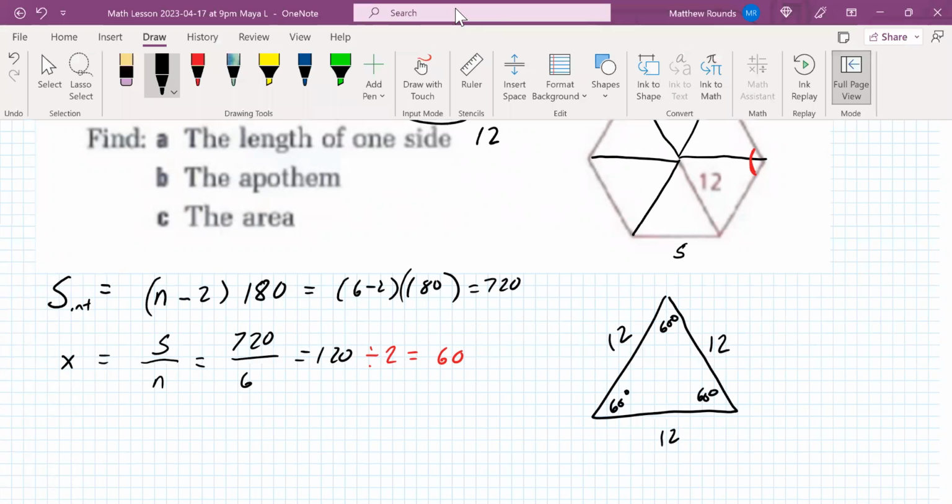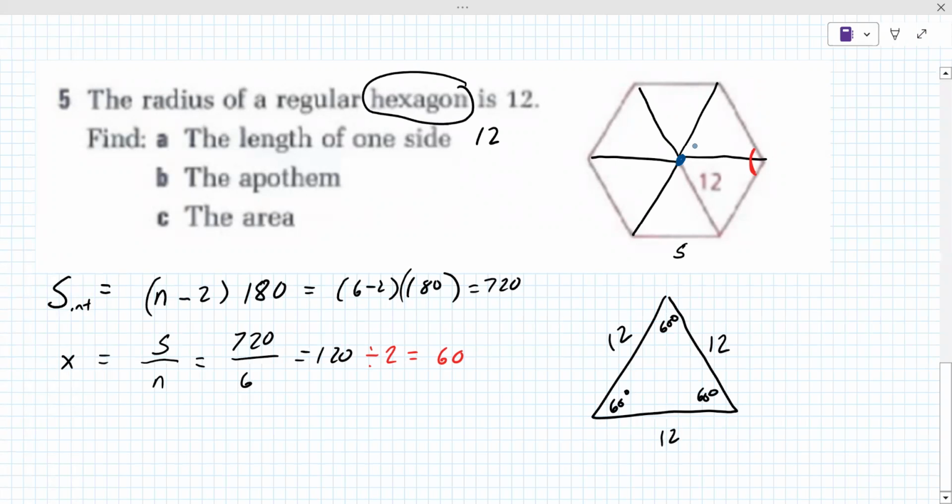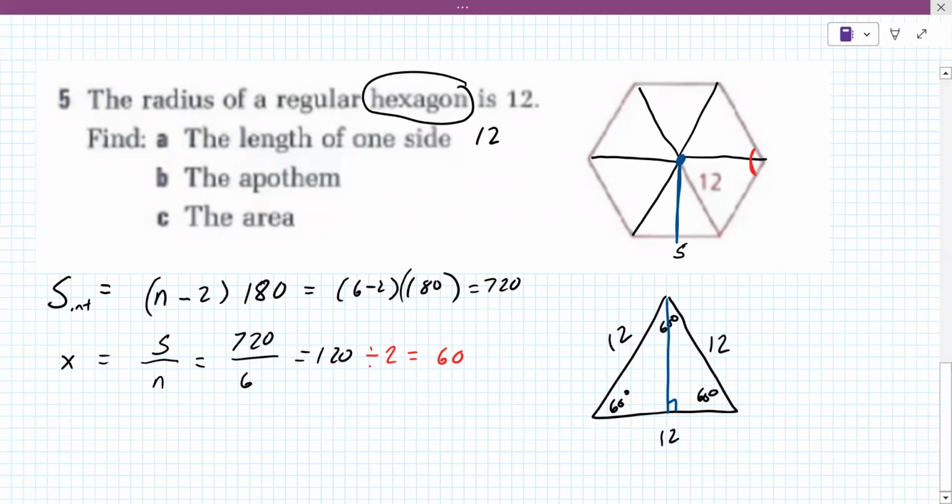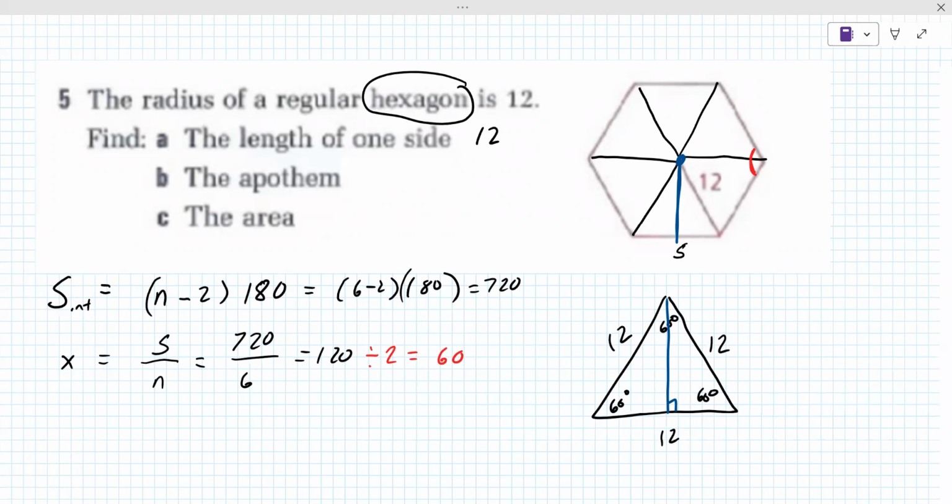Yes. All right. Now the apothem is the distance from the center to the side, also known as the height of the triangle. So how did we find the height from earlier? What would you do here to determine that? I'd probably drop the altitude and then solve it with a 30-60-90. Perfect. Can you do that for us, please?